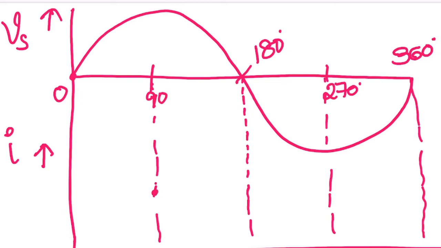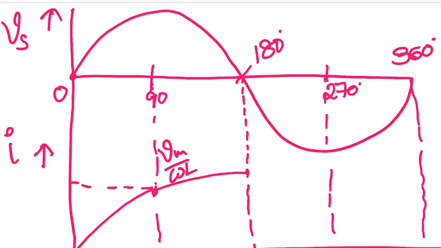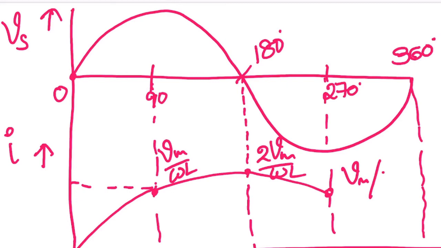At 90, the current is Vm by omega L. At 180 degrees, as already calculated, it is 2 Vm by omega L. At 270, it is again Vm by omega L, and at 360 the current value is 0.